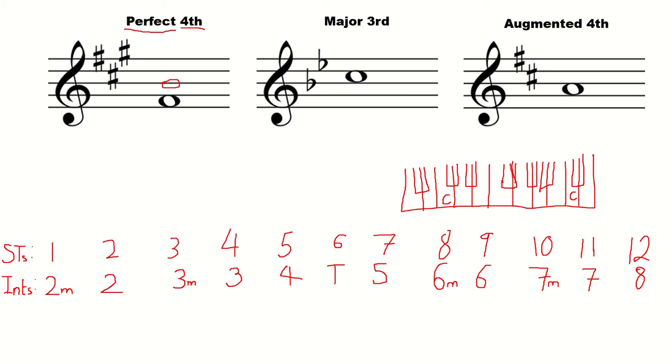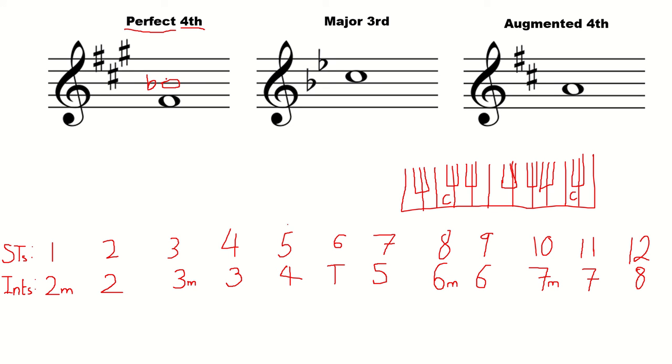If you think about it, the scale of F major would have a B flat in there. So if we count up to what it should be, because we want a perfect fourth, which is this one because it's perfect, let's count up 5 semitones. So 1, 2, 3, 4, 5. That would give us B flat.